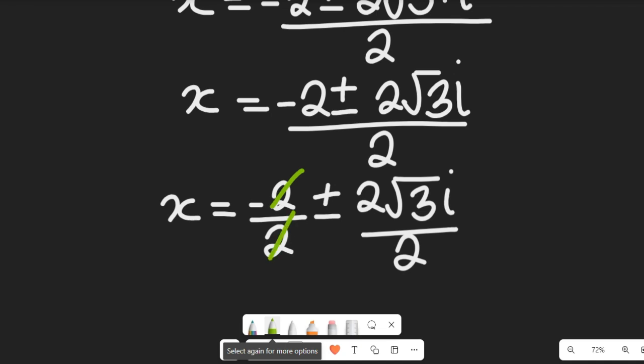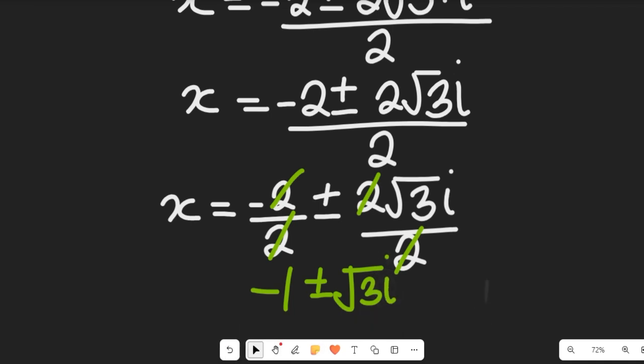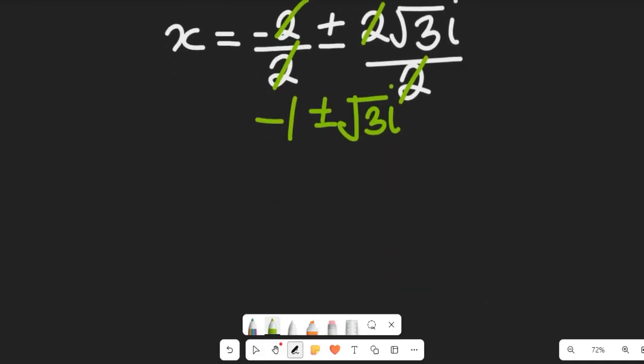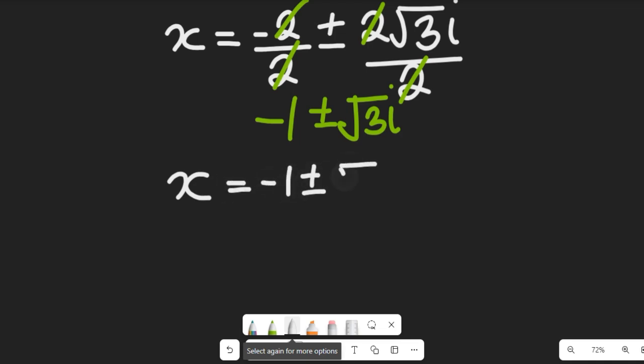We're going to have that expression be negative 1 plus or minus, 2 can cancel 2 to give us the square root of 3 i. So next, we're going to have the value of x equal to negative 1 plus or minus the square root of 3 i.